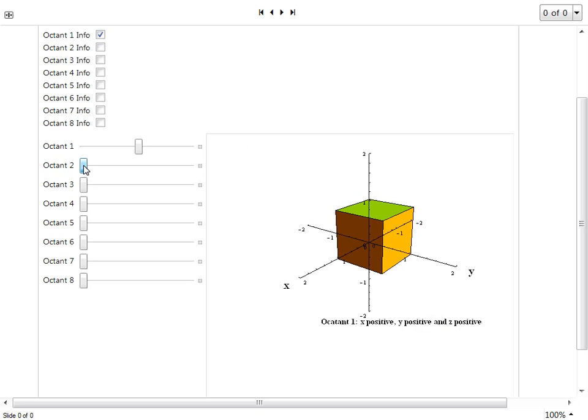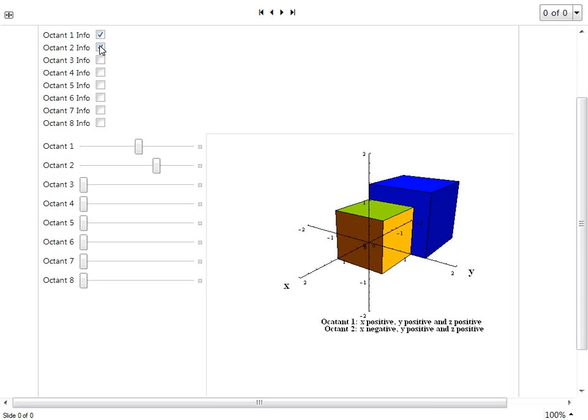Now I'll go to octant 2. Did you see that octant 1 was quadrant 1 and everything above it? So octant 2 is quadrant 2 and everything above it. So there's your quadrant 2 over there. And the information there, you tell me. What's required to be in octant 2?